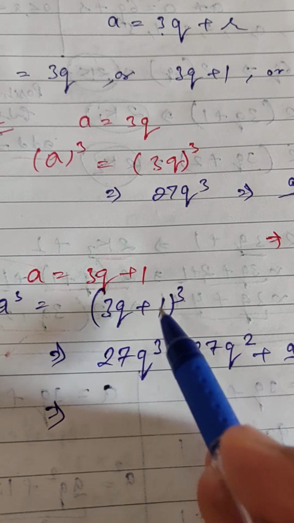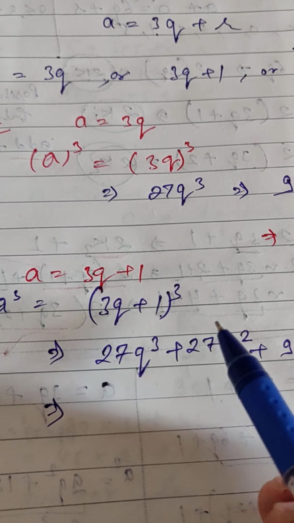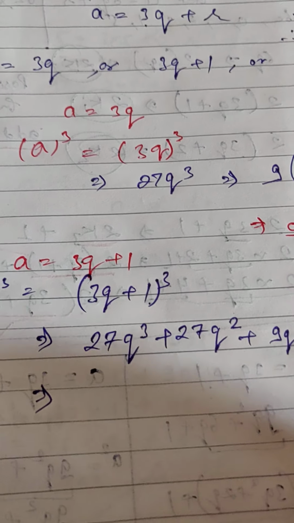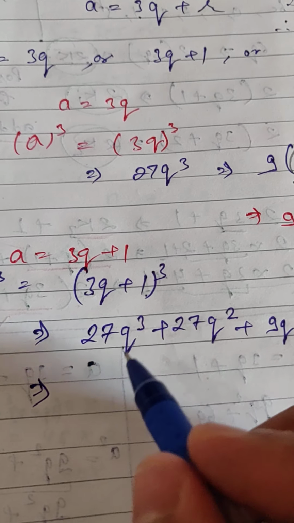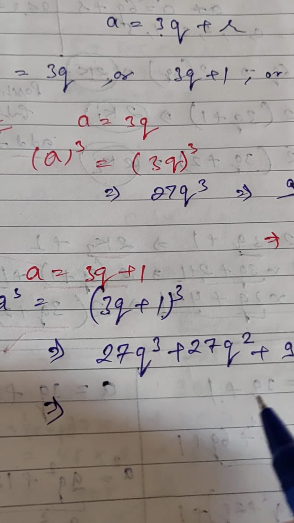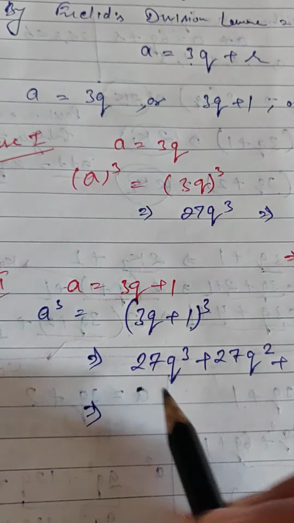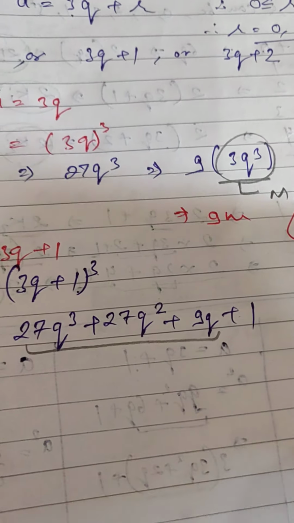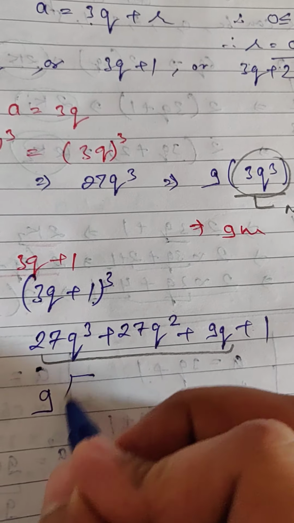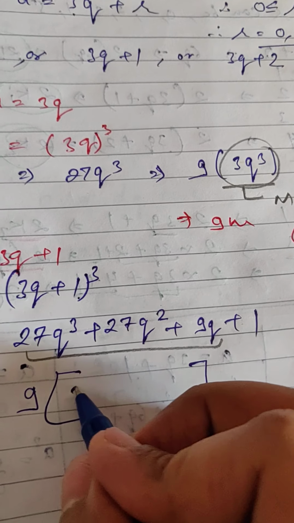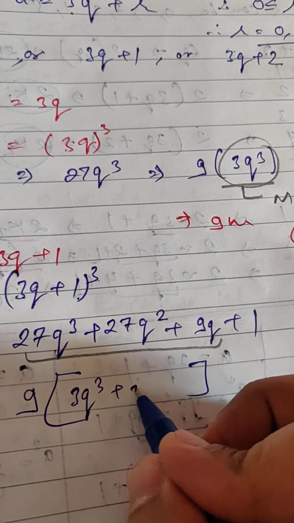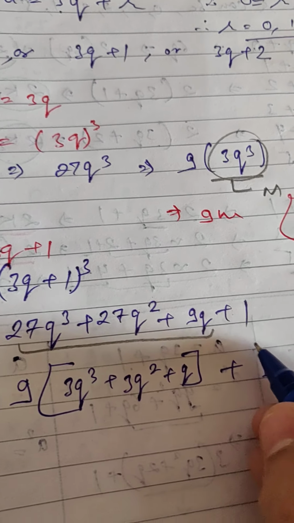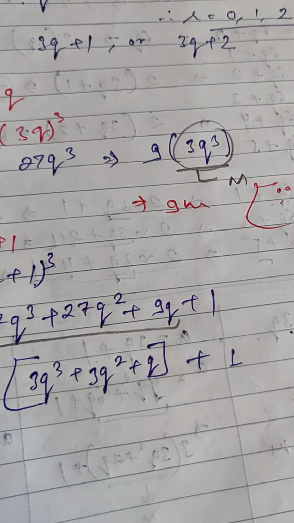It is a cube plus b cube plus 3a square b plus 3ab square. So now what you require is you need to take 9 common from these three things. So if you have taken 9 as common, what you will get? 9(3q cube plus 3q square plus q) plus this remaining 1.